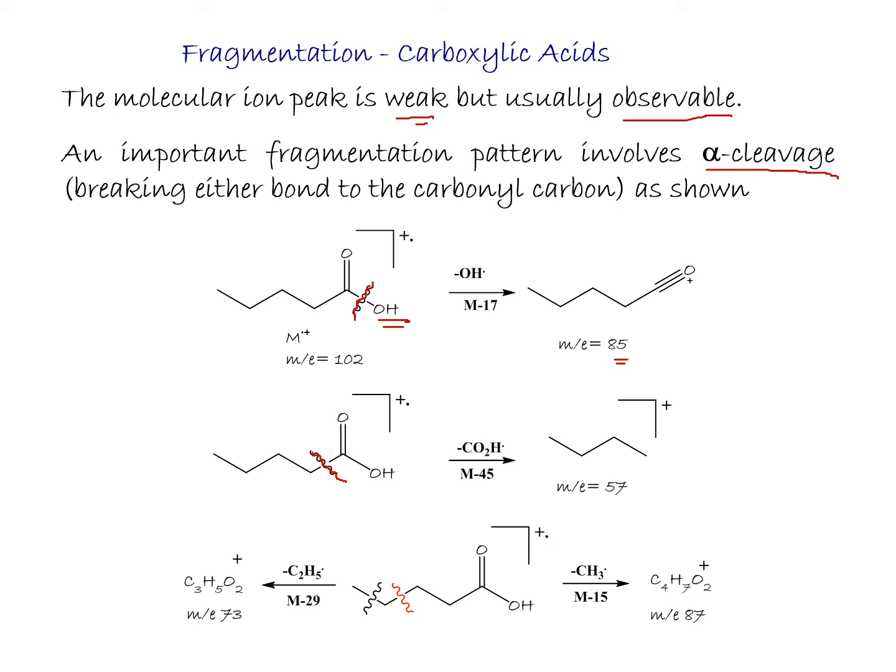If we cleave this part as a CO2H radical, it will give you a peak at 57. But again, with this alkyl group, we can eliminate part of it. If you eliminate methyl, you get a peak at 87. If you cleave the ethyl group, you will end up with 73.